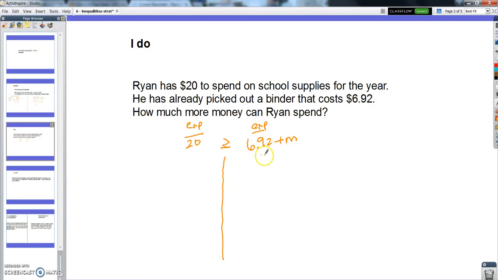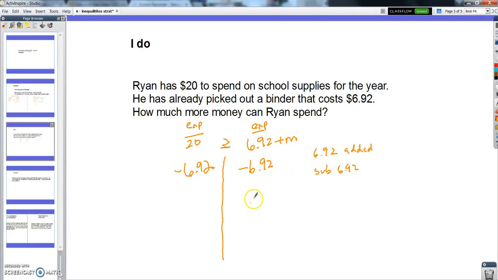I'm going to look at this and say, okay, this has 6.92 being added to the variable. So the inverse operation would be for me to subtract 6.92. I'm going to take it away. And if I take it away on this side, I also take it away on this side. And 6.92 minus 6.92 leaves me with 0.